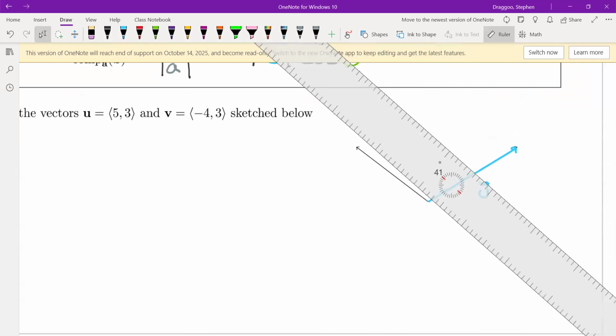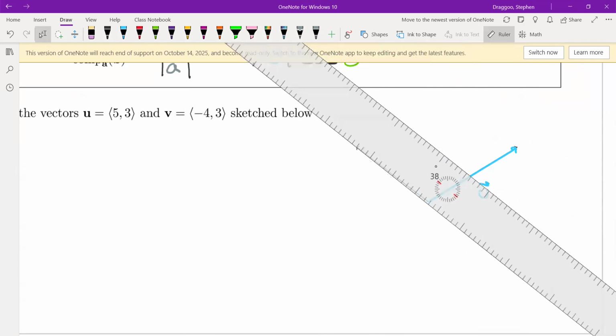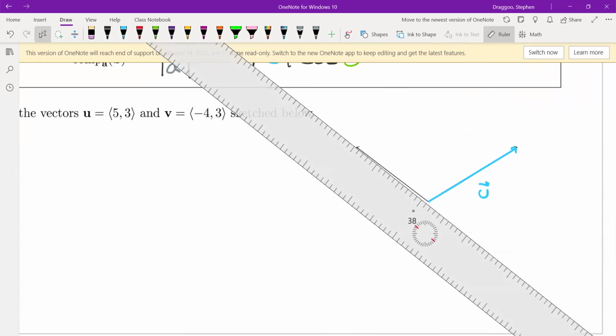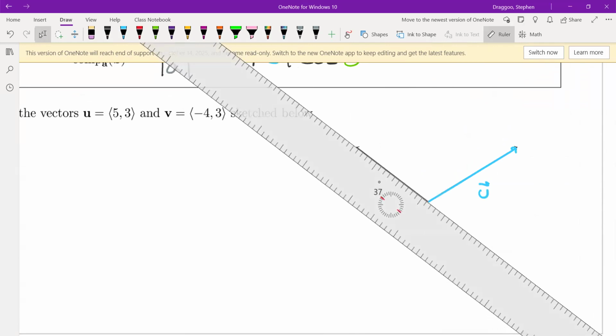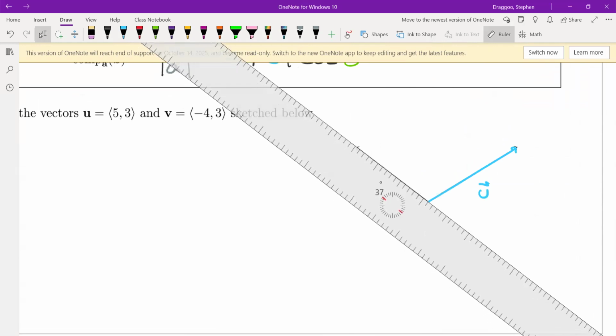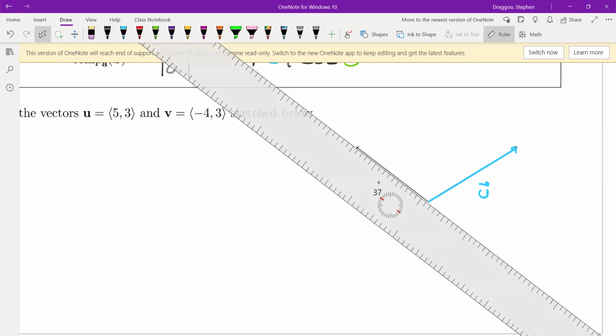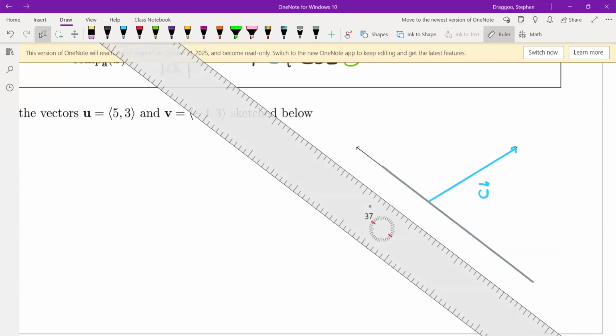I want this one. 37 degrees. Yeah, looks about right. I'm going to draw in the line that V sits on, because V is, again, that guy. The angle that's complementary to 37, I believe that's 53 degrees.